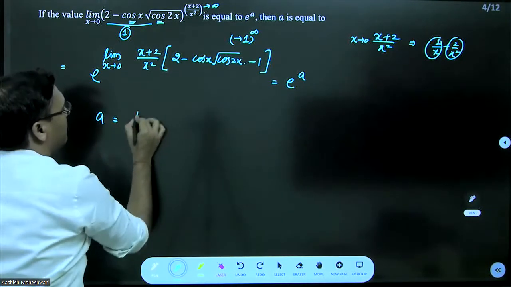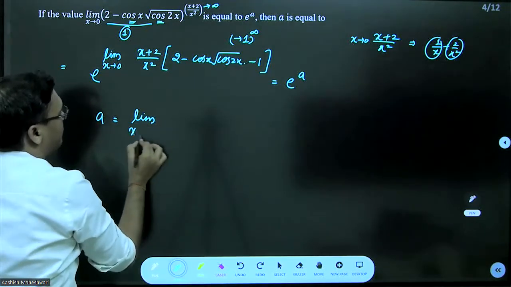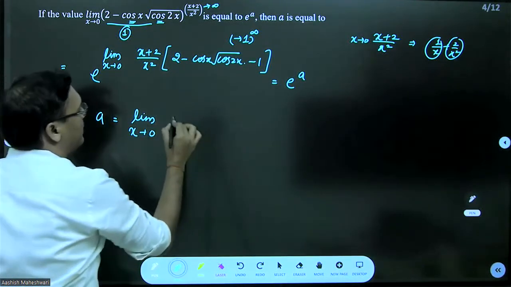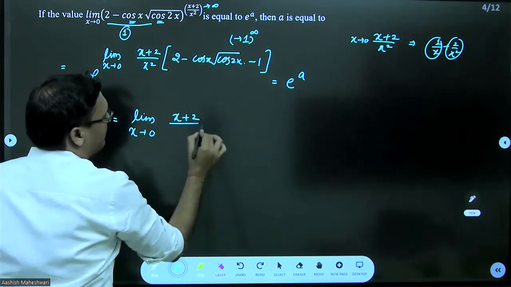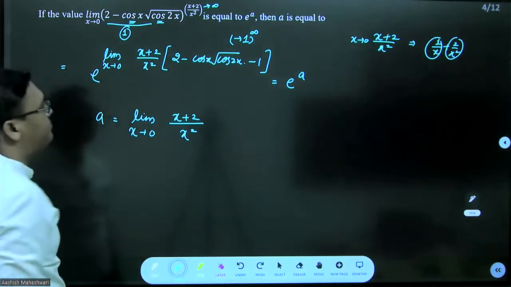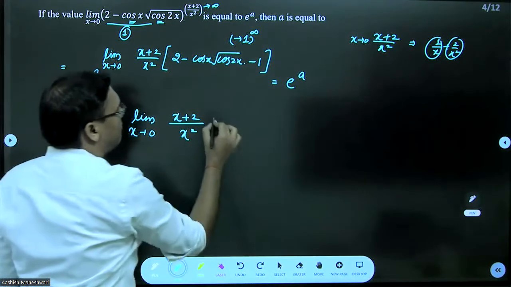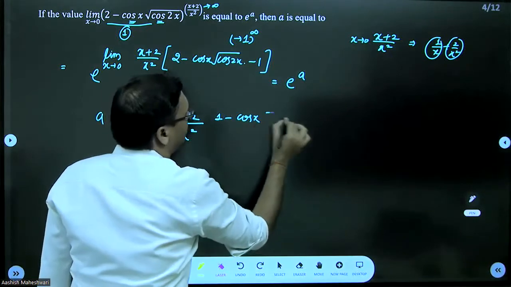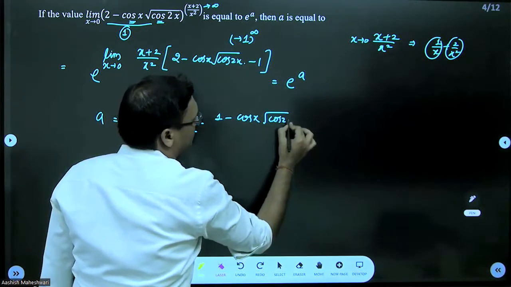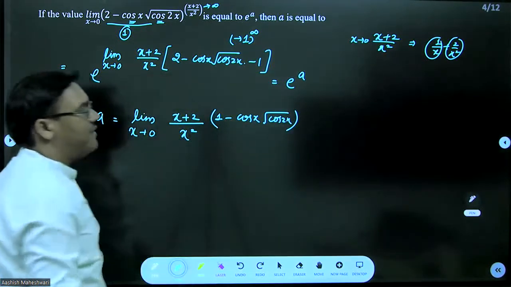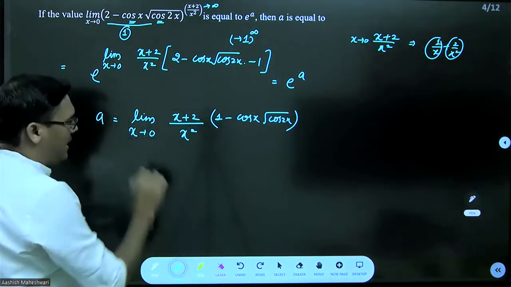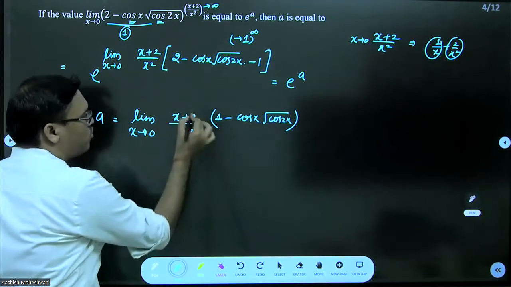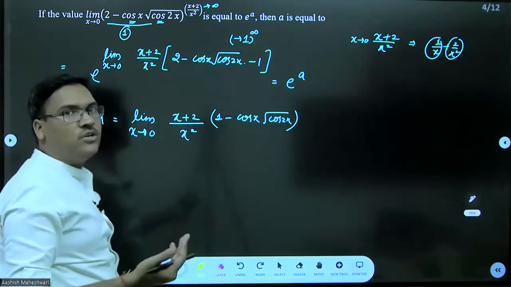So I can say what is a? This is equal to limit x approaches 0, (x plus 2) divided by x square, and this is 1 minus cos x root cos 2x. This is the expression we have. And now see, as x approaches 0, there is no problem, because x plus 2 is a finite non-zero value.